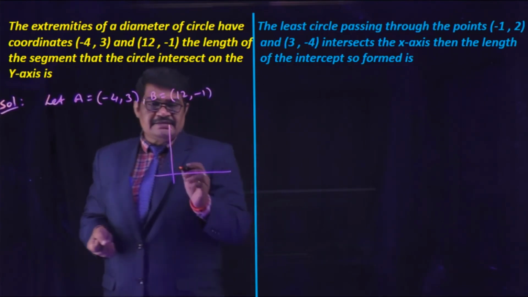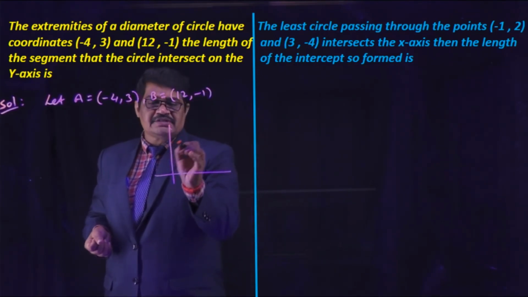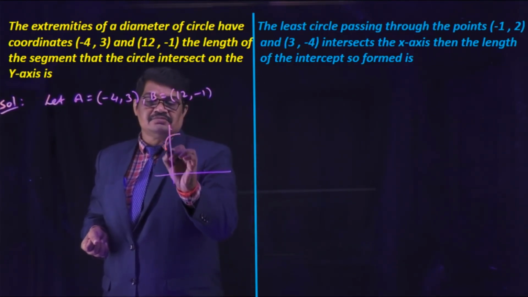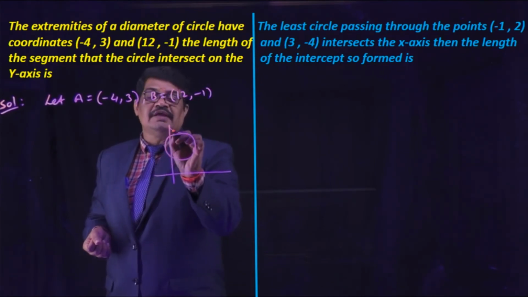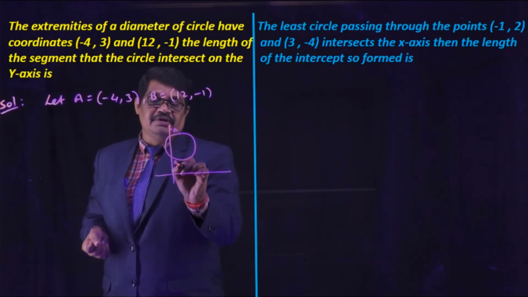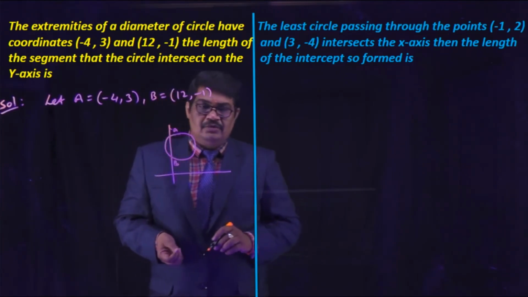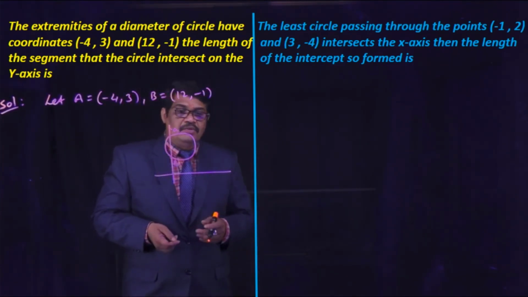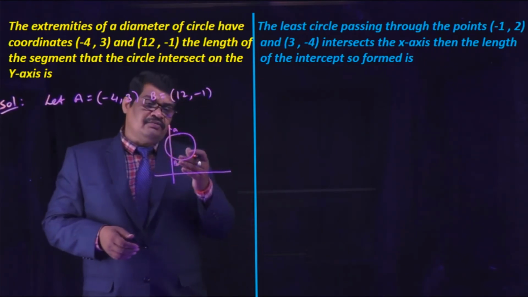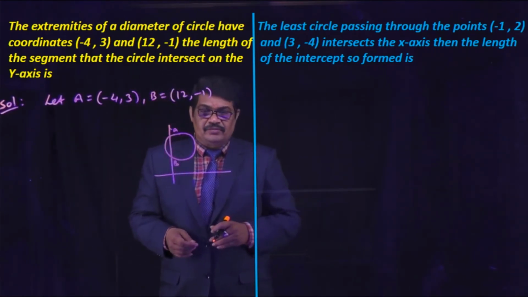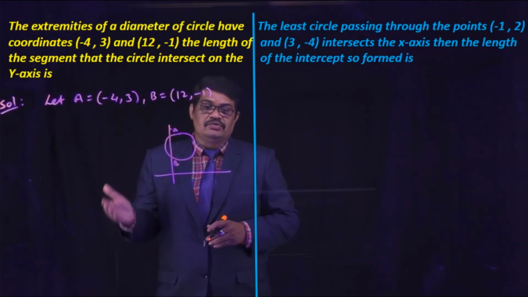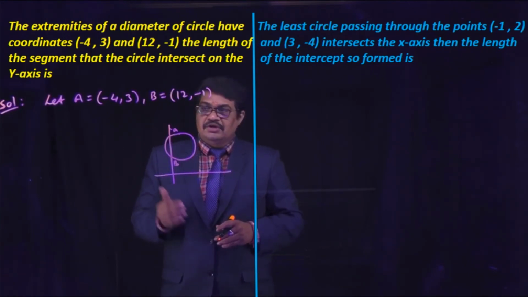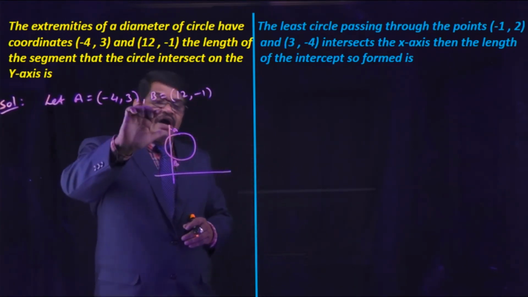If the circle intersects the y-axis, this length is the y-intercept. If you know the circle equation, then the y-intercept formula is 2 into root of f square minus c, and the x-intercept is 2 into root of g square minus c.